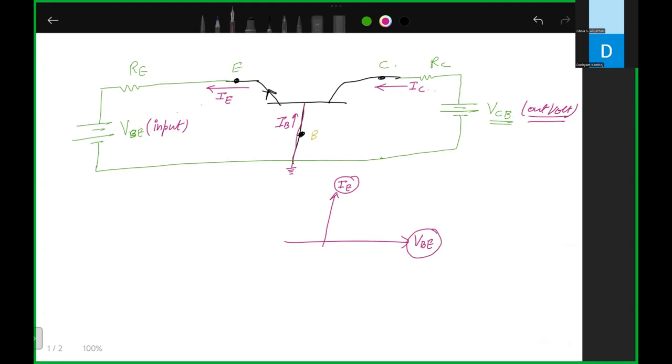In this configuration the input characteristics will be with respect to IE and VBE. And the output characteristics are the output current and output voltage: IC and VCB. Understood or not?